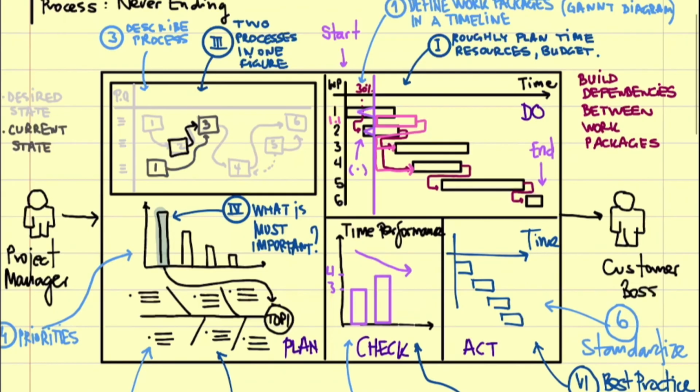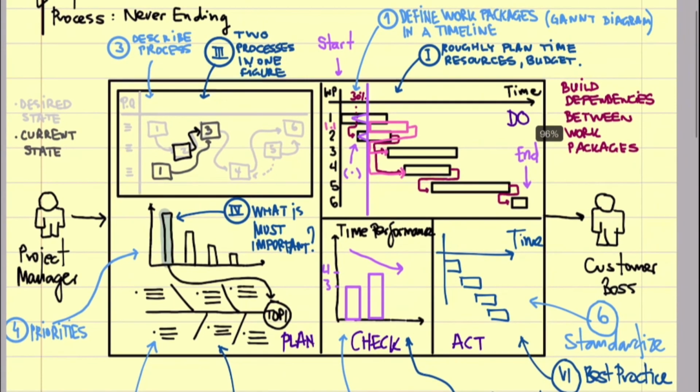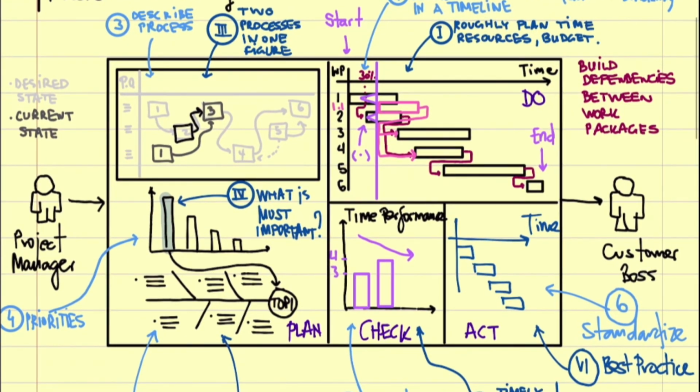So in the exam, you should be able to describe this with this picture, with an example of your own. In the last exam, I asked: please describe the process management that I would need to use after Christmas to lose weight.